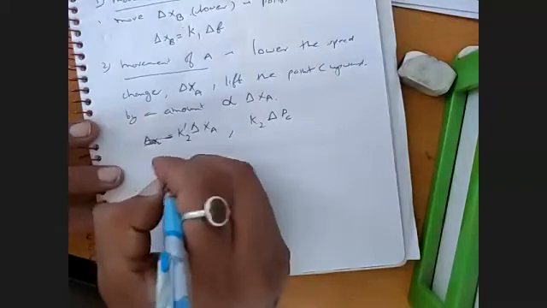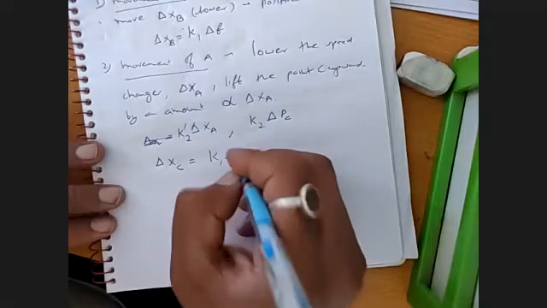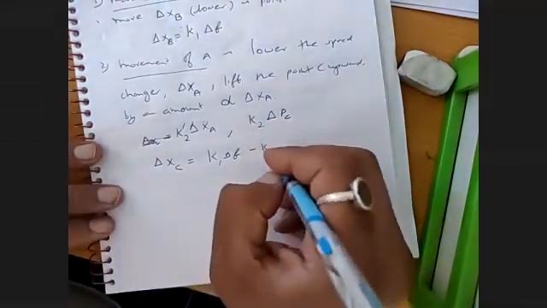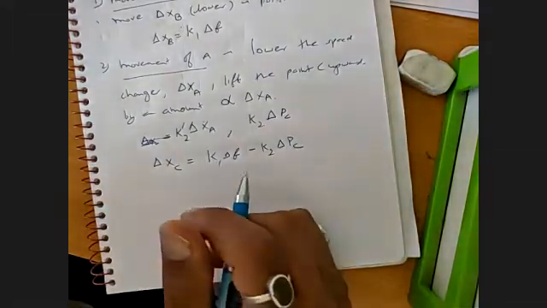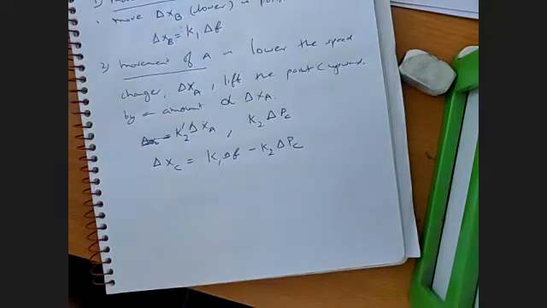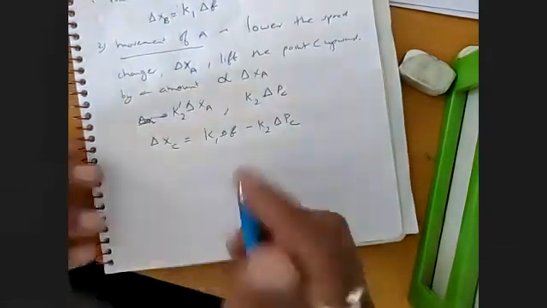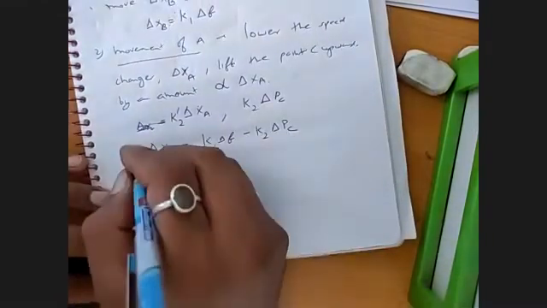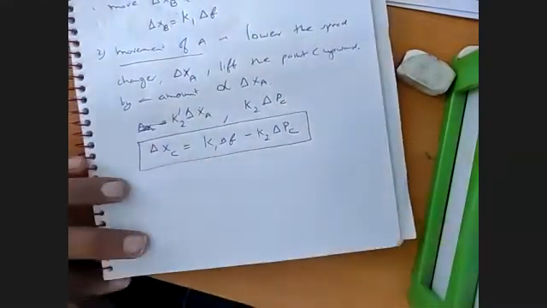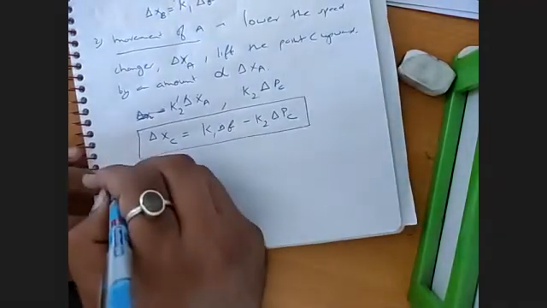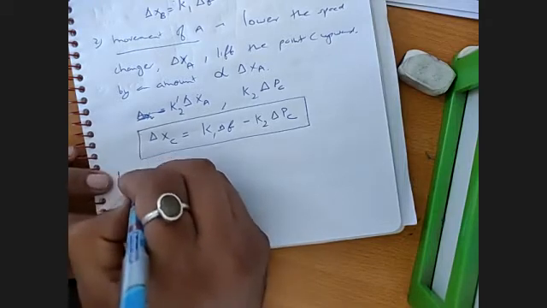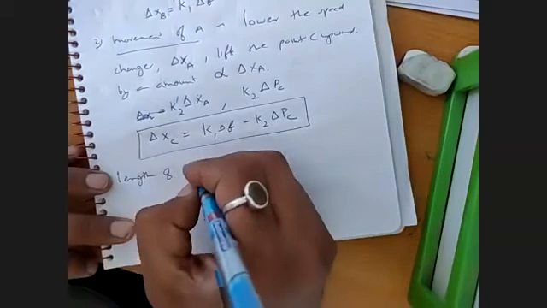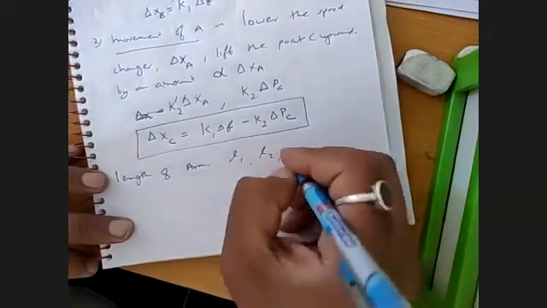That means the total movement of XC will be K1 delta F minus K2 delta PC. So this will be your movement in position C. Now we have two constants K1 and K2, and they are dependent on the lengths of the arms L1, L2, L3 and L4.